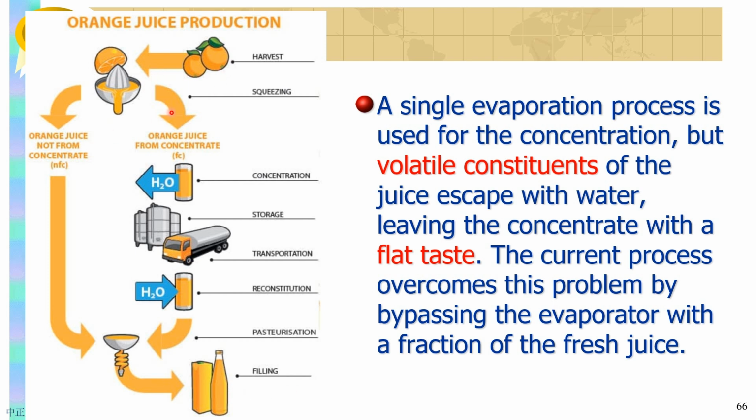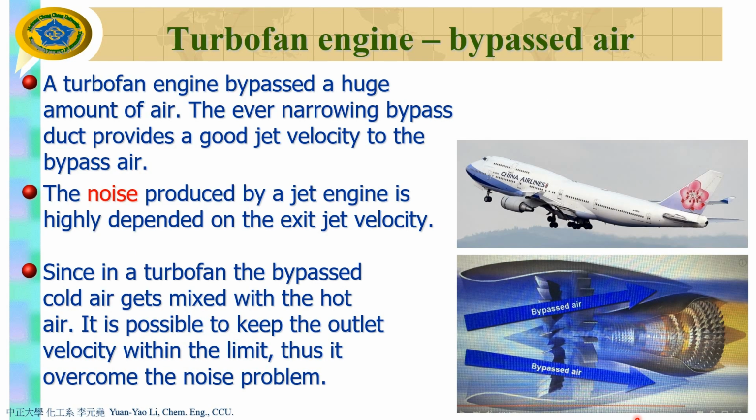This is the route from the harvest in the United States, shipping by boat to Taiwan, for example. The bypass is the fresh juice from the squeezed orange, going directly to the end. So this is the orange juice production. I just showed you a tomato juice, the same thing. So this is example 1.